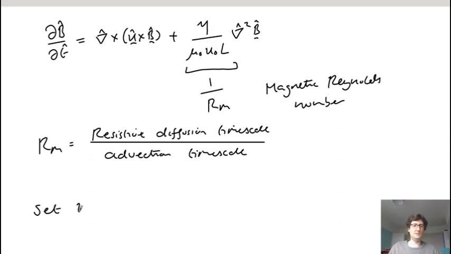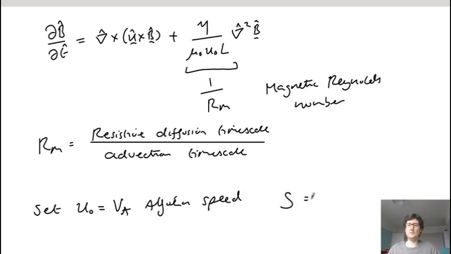So if we set u naught as the Alfvén speed, then we define S as the Lundquist number, so it's mu naught V_A L over eta. So that's the Lundquist number.